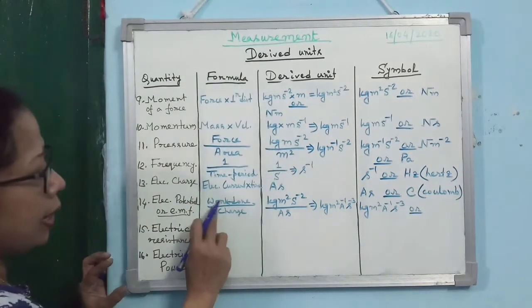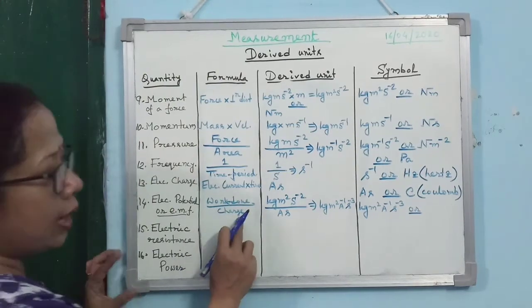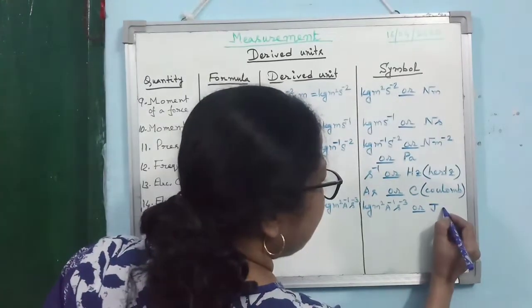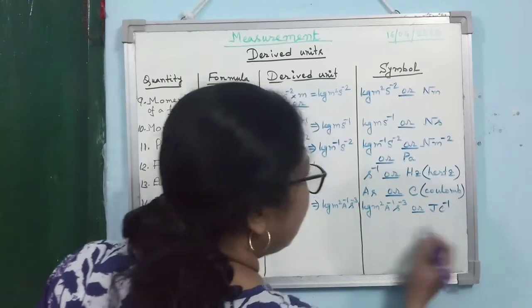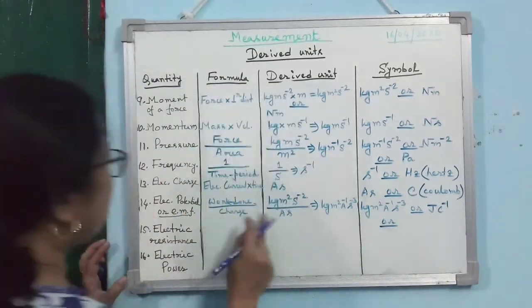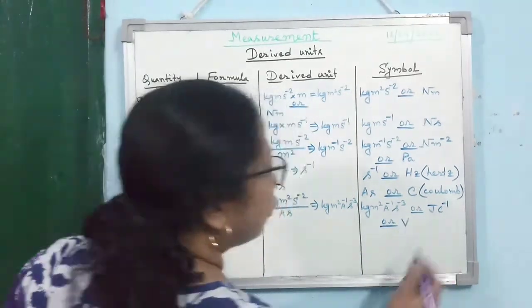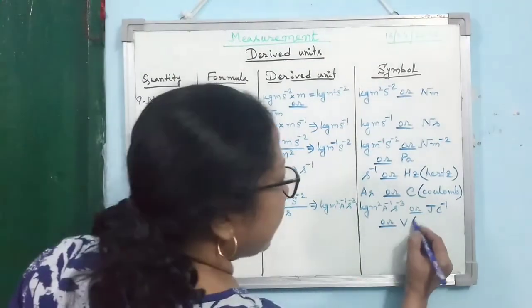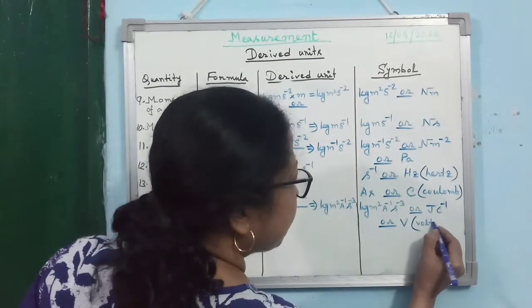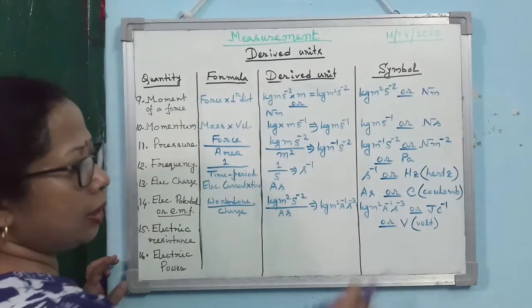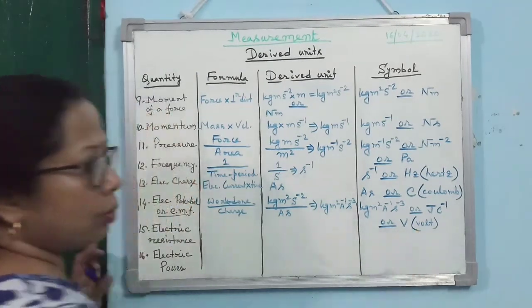What you see, you can write work done as joule and charge as coulomb. So it will be joule per coulomb, which is also known as volt. Volt again, as it is coming from the name of a scientist, so it will be capital V, or in full form small v, volt.